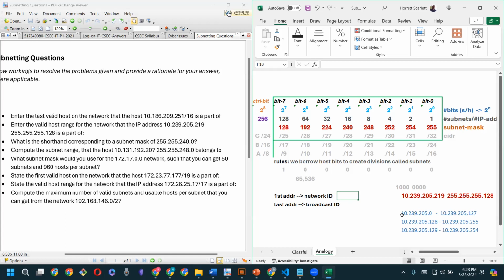What else do we know, given that only one of these bits is turned on? It means that 7 bits are assigned to the host. That's not quite true. So how many bits are assigned to the host?